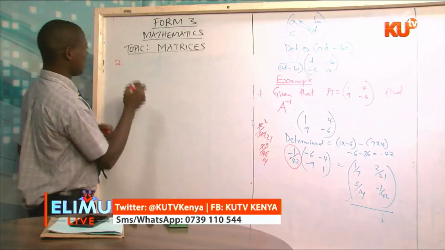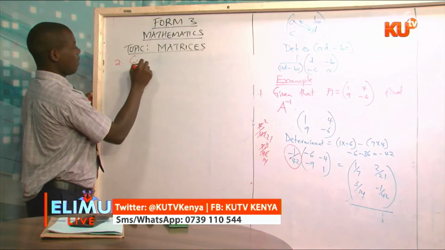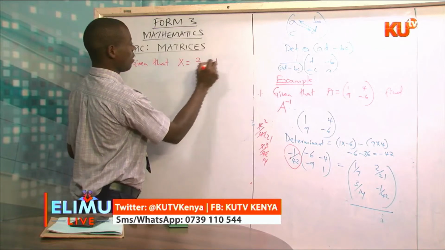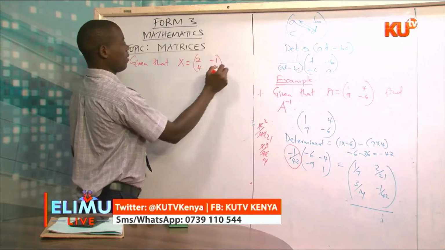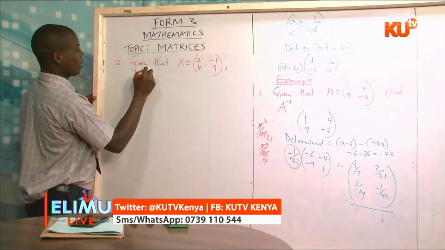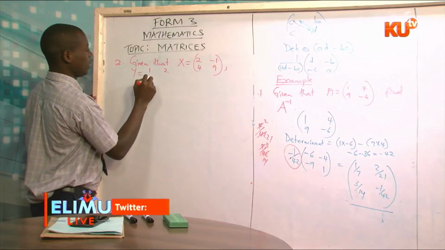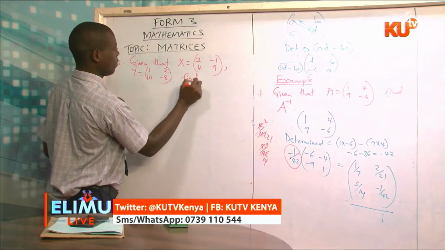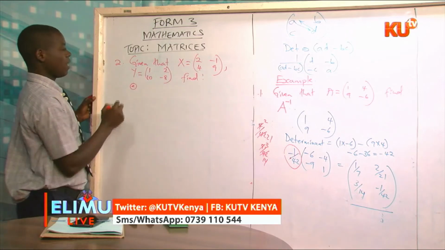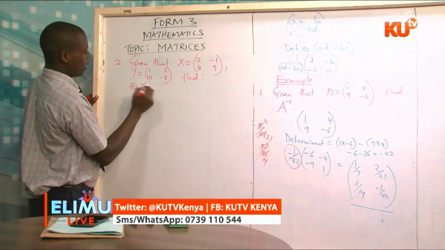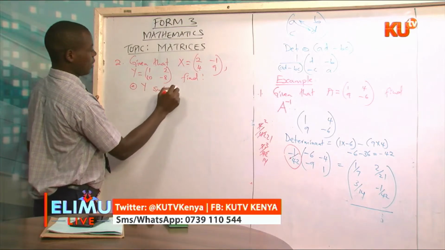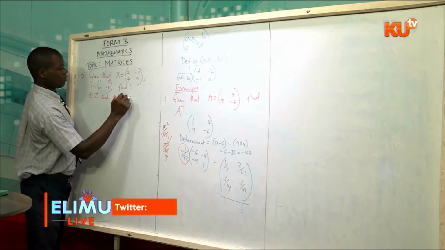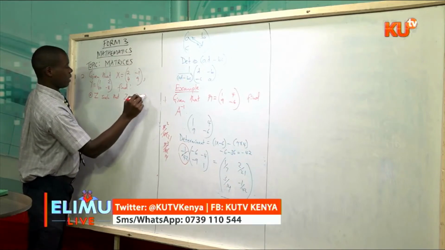Given that X is the matrix 2, negative 1, 4, 9, and Y is the matrix 1, 2, 10, negative 8, find A, Z such that Z is equal to 2X plus Y.